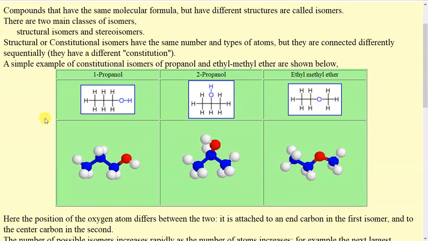For example, in the given example, 1-propanol, 2-propanol and ethyl-methyl ether, you can see that the sequence of atoms in all three cases is different. This is also viewable in the 3D structural formula of the compounds shown in the down window of each compound.